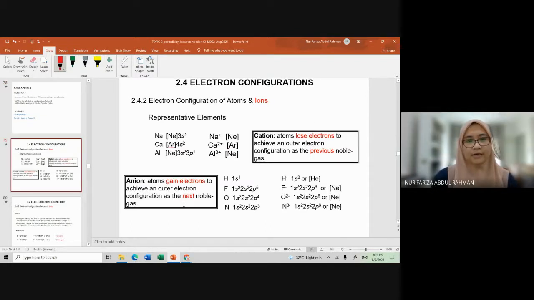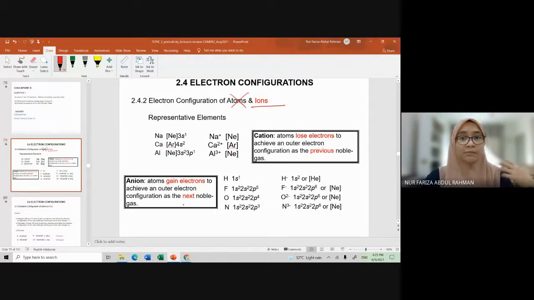Okay, so that one is for atom. Atom for main group, atoms for transition element. Okay, next we are going to be talking about ions. Atoms are done. Kita dah discuss atom just now. Based on the electron configuration, how do we locate the elements in the periodic table, and then how do we determine the groups?